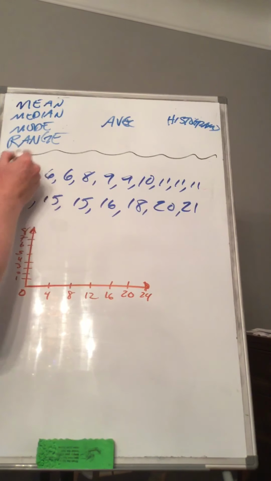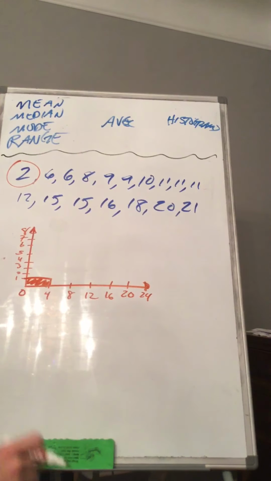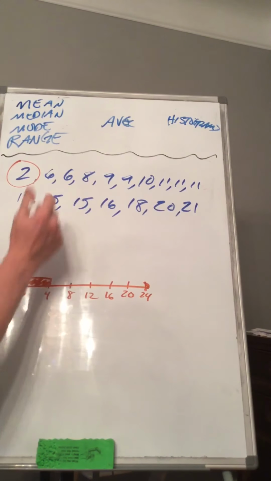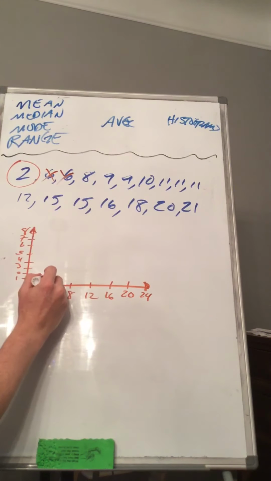So that would be 1. Okay, so this chunk of data is 4 to 8, not including 8. I'm up to 2. This value is 8 to 12, not including 12.